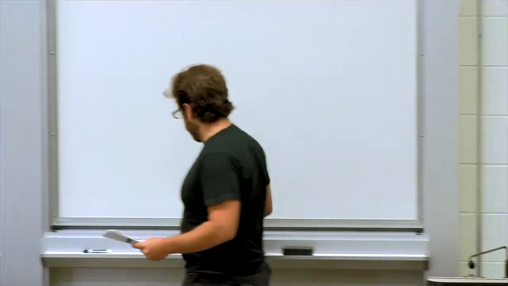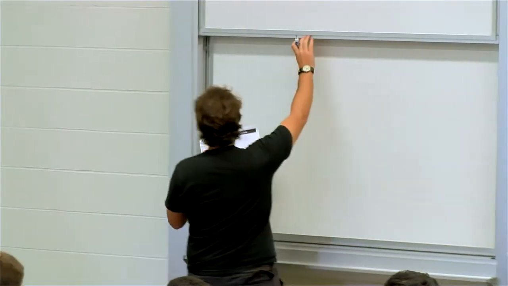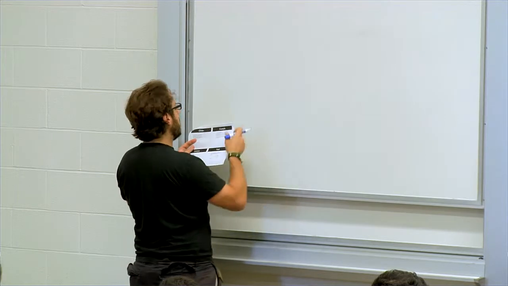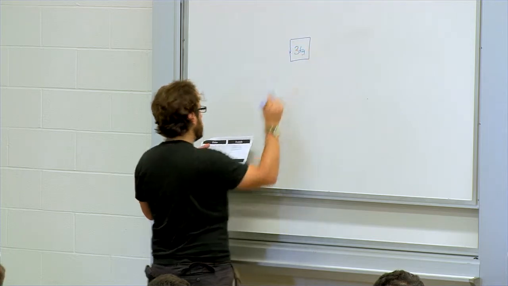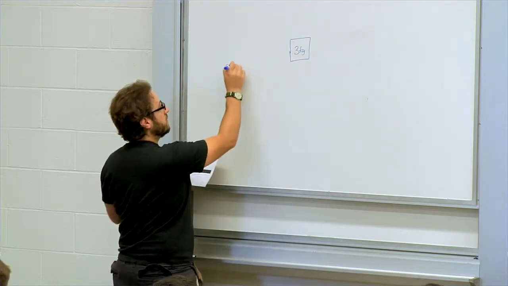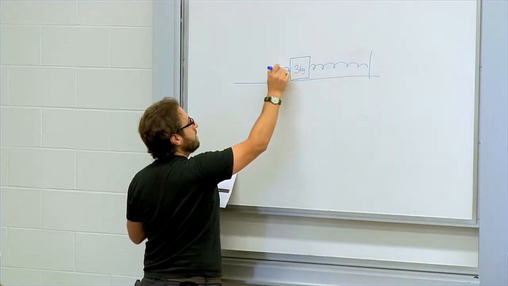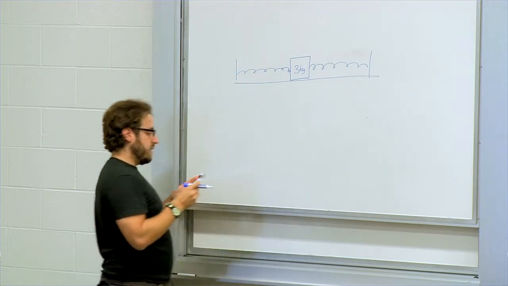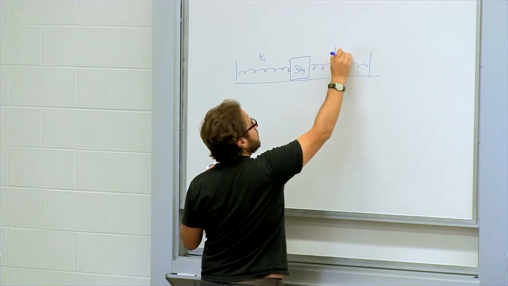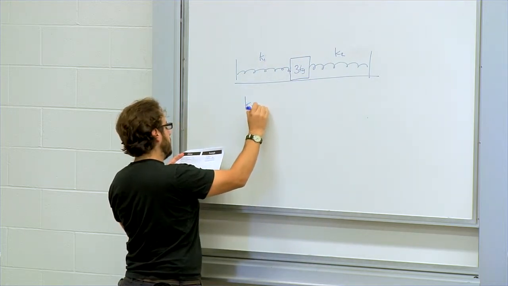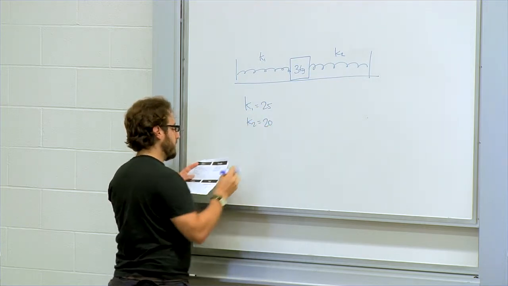So here's one that looks nasty from the book. It says a 3 kilogram block is connected to 2 springs like this, having force constants K1 and K2, where K1 is 25, K2 is 20.